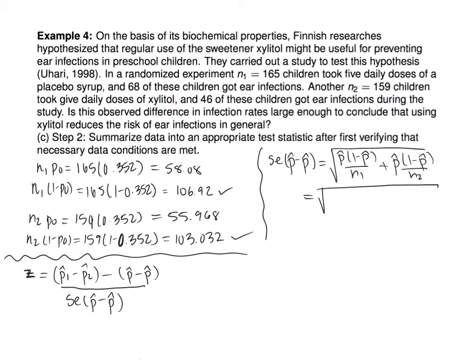And our p hat is that 0.352. 1 minus 0.352 is 0.648. And my n1 was 165, and same numerator over n2, which is 159. And that comes out to be 0.05307.